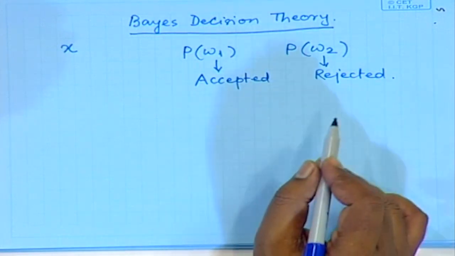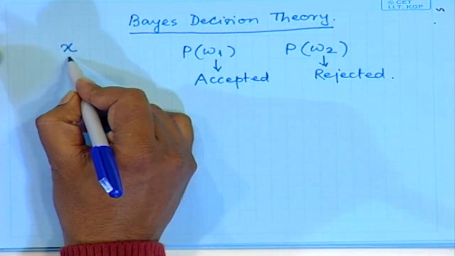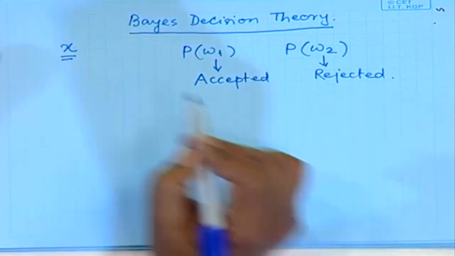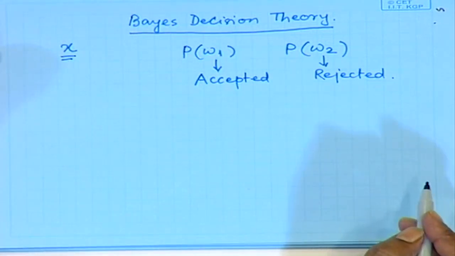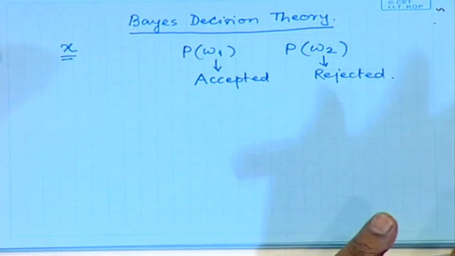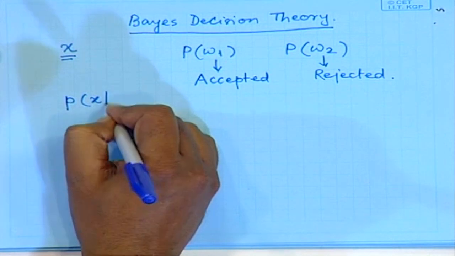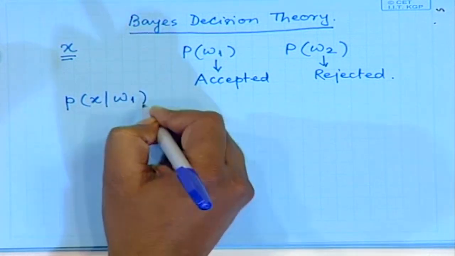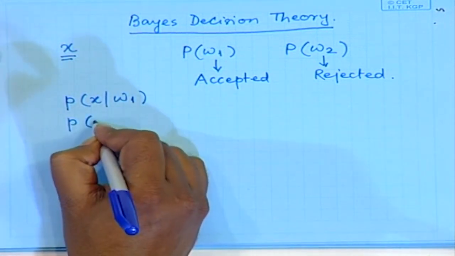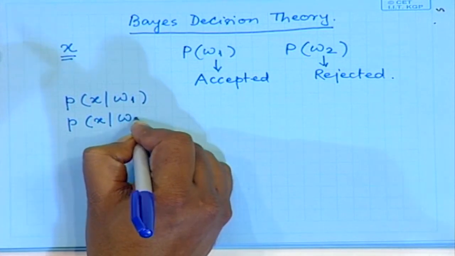Now, in addition, to make our decision we have an observation x, and for this observation x we also have class conditional probability density functions, that is p of x given omega 1 and also p of x given omega 2.